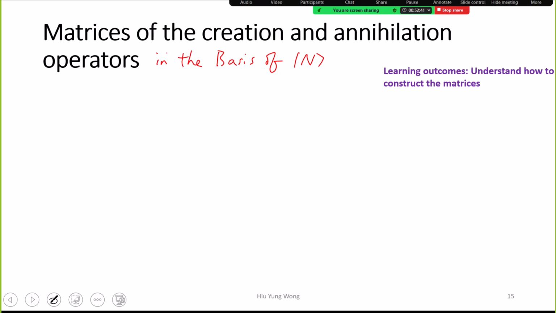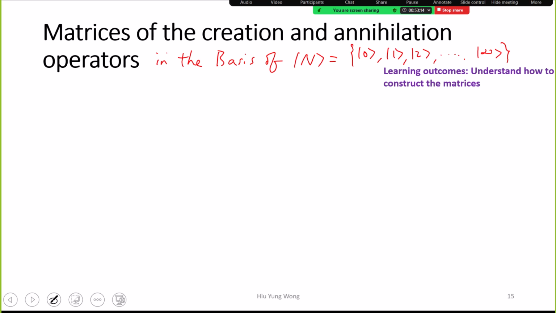What is the dimension of this basis? Or ask yourself, what is the possible value of n for a simple harmonic oscillator? You go from 0, 1, 2, all the way to infinity, right? So what is the size of the matrix? It has to be infinity.